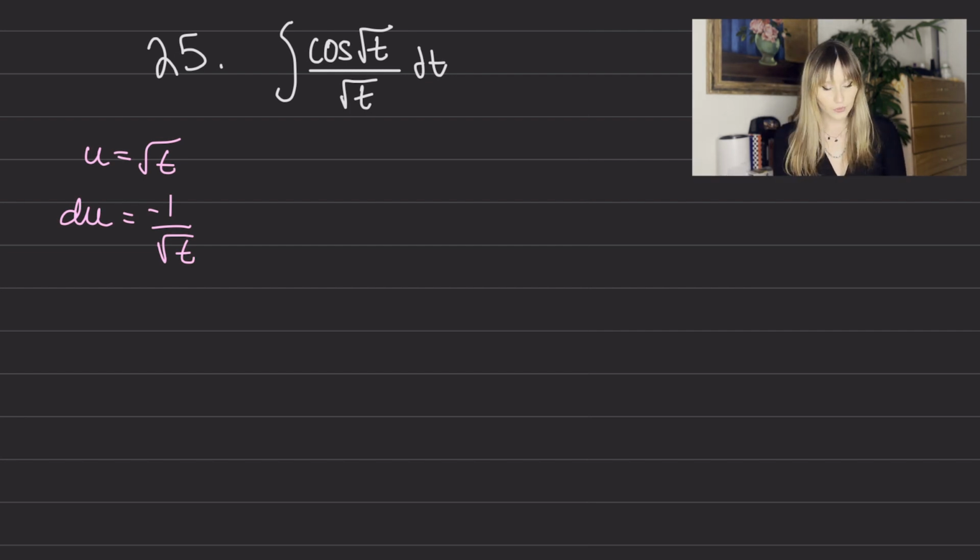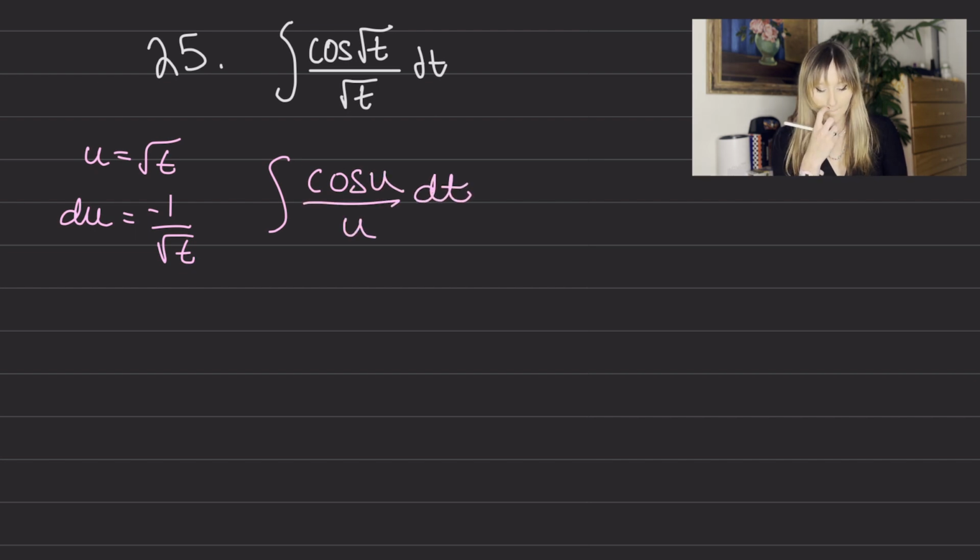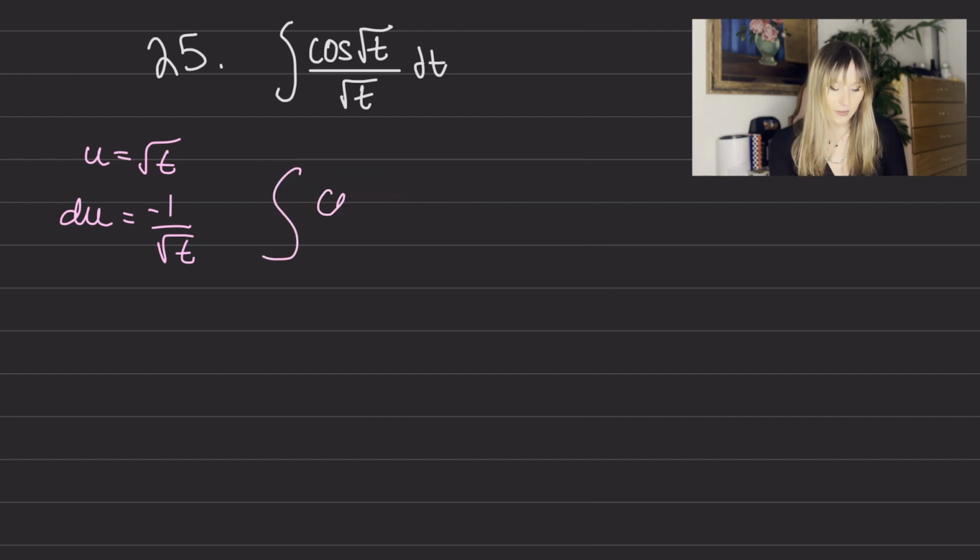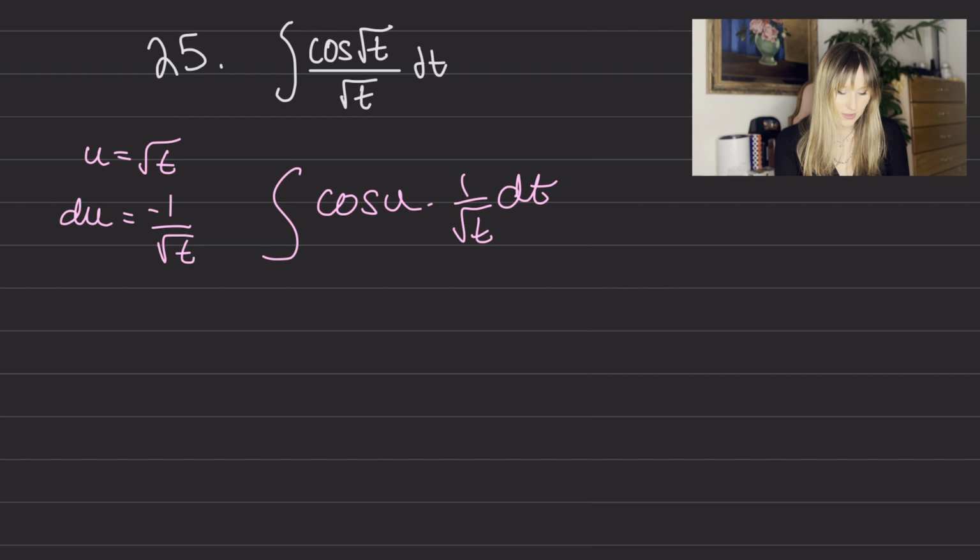Okay, so let's plug her in. We have cosine of u over u dt. Oh, this one's not cute. We have cosine of u, and then we have 1 over root t dt. This is going to be there. And then plugging that in, sorry for my horrid handwriting.